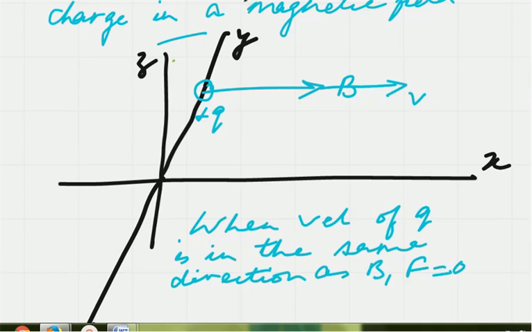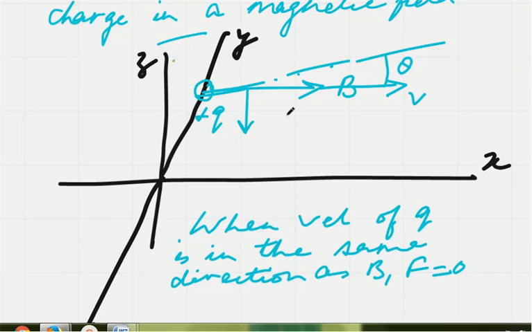Now suppose we give a velocity in some direction, making angle theta with B. Now what do we see? We see that there is a force acting on the charge, and this force acts in this direction.